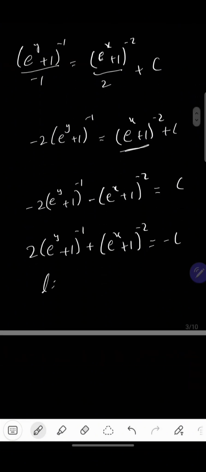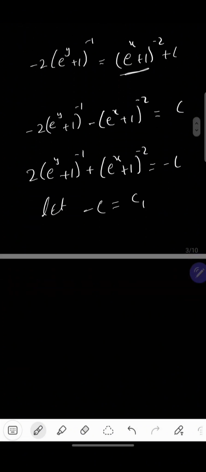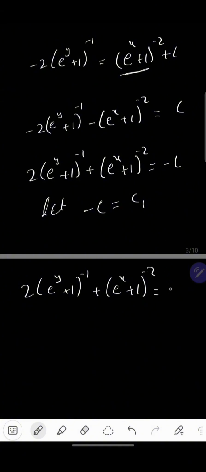Let minus c be equal to c1, which is also another constant. So we simply put 2(e^y + 1)^(-1) plus (e^x + 1)^(-2) equal to c1.